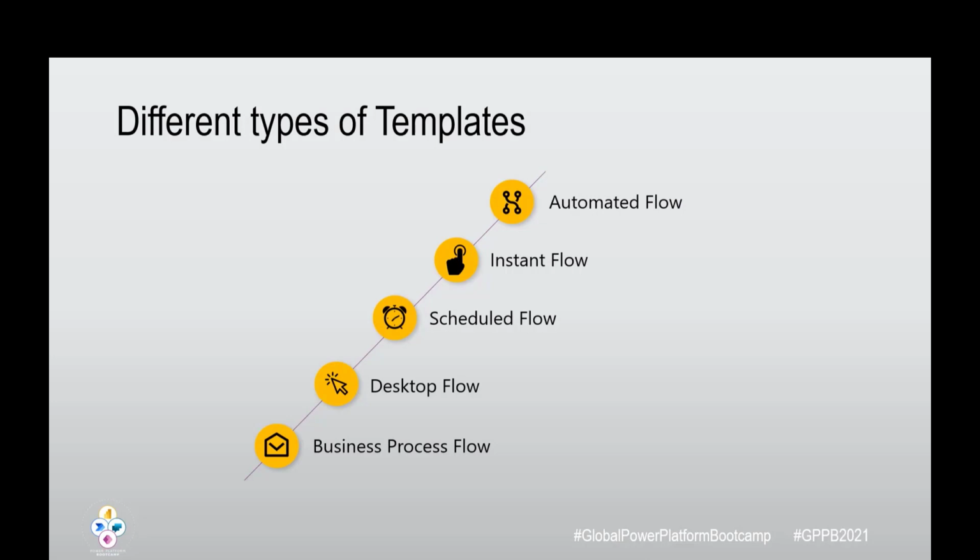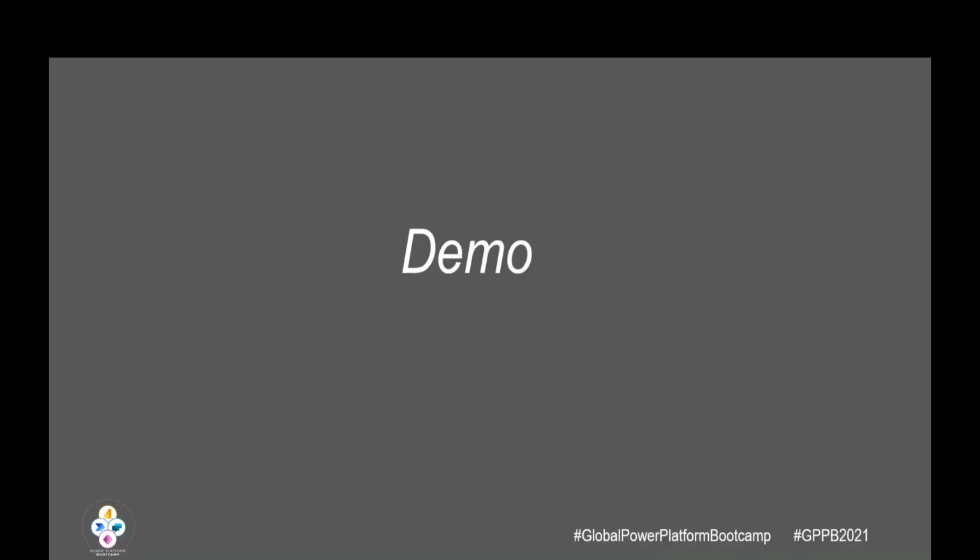Then it will send an email and give a form to the first team to validate, and they will put in some input. So in the business flow, we can accumulate automated flow, scheduled flow, or even a Power Apps form. All those can be accumulated in business process flow. Okay, then.